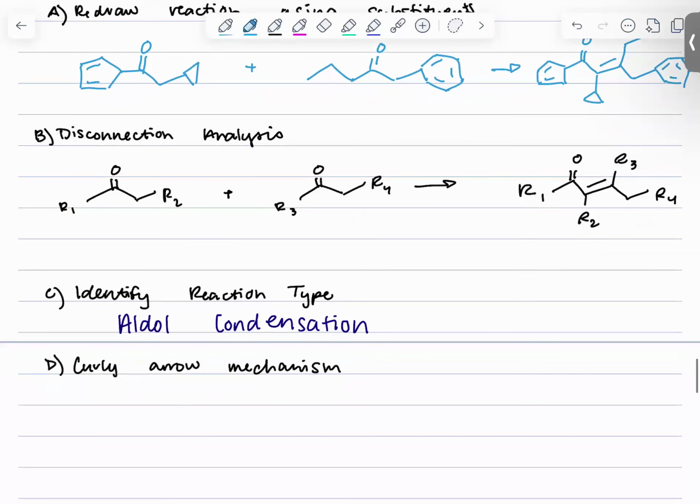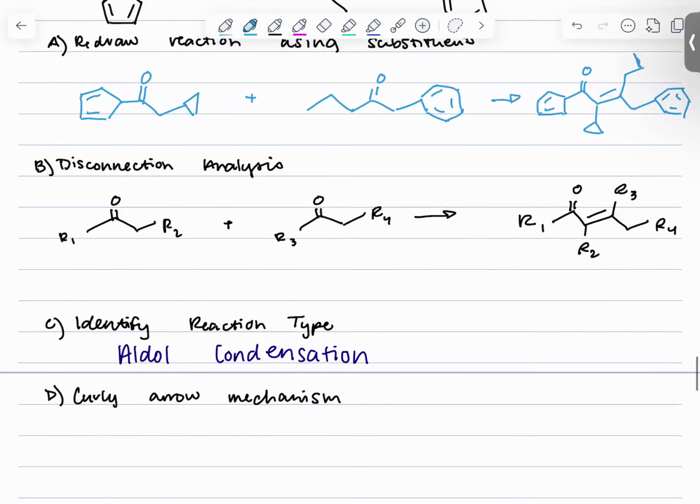I drew it again because it'll be easier to do with the R's, because you guys might not have picked the same R groups I did. And that's okay, it's still correct. But I'm gonna do the very general answer.